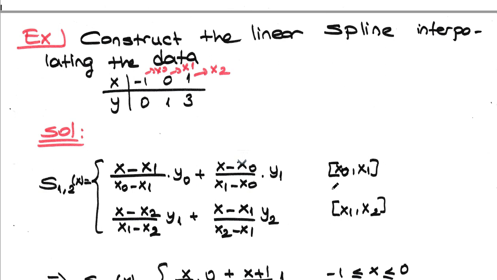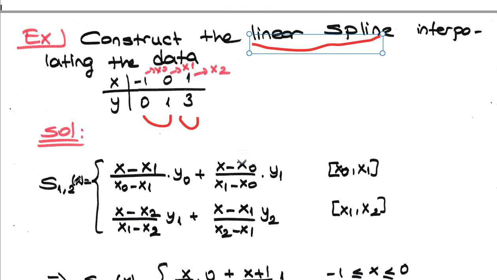For this reason, I'm just giving an exercise. Construct the linear spline interpolating the data. The values are given to you. Even though I have 3 points, because we are choosing the linear spline, you will benefit from 2, 2 points to create your splines.